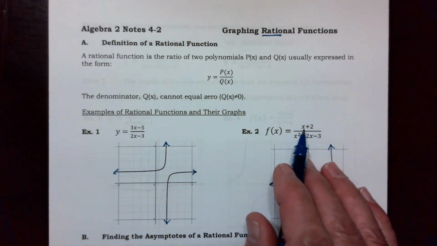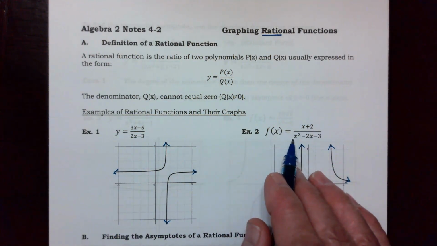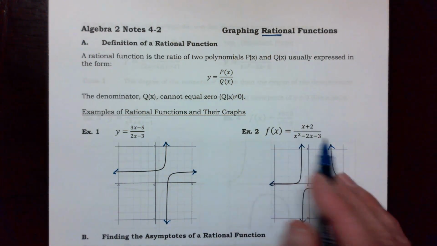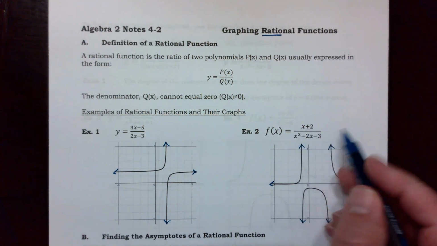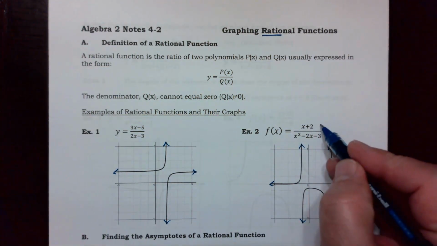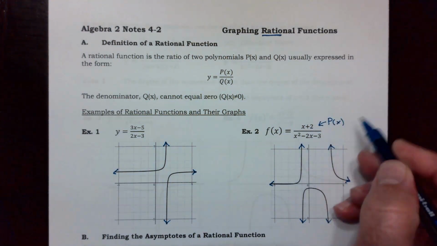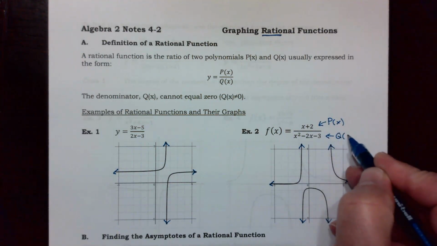But on this next one, you have a linear expression on top and a quadratic expression on the bottom, and the function f of x is the quotient of those. It's a fraction with one on the top and the other on the bottom. The one on top is usually called p of x, and that's what we'll be calling it, and the bottom one is q of x.